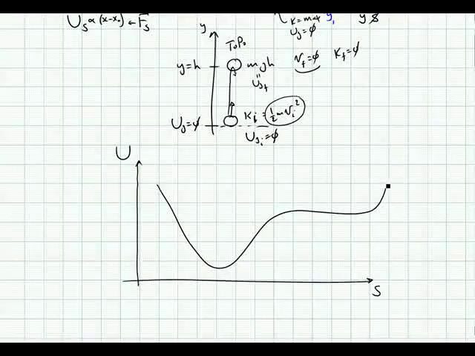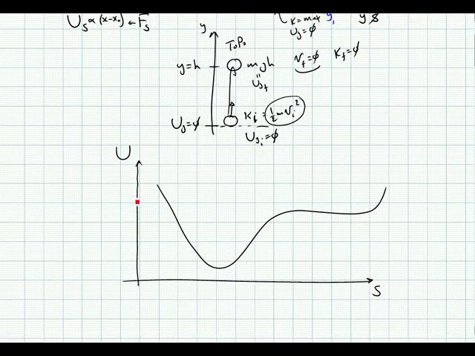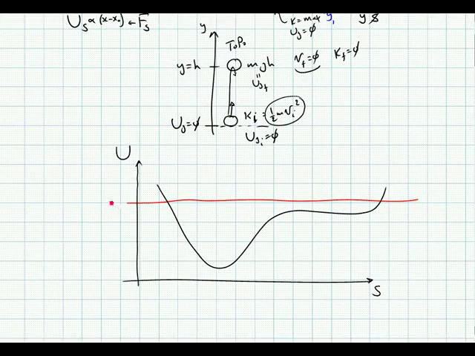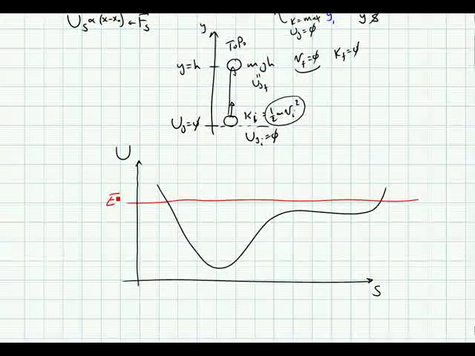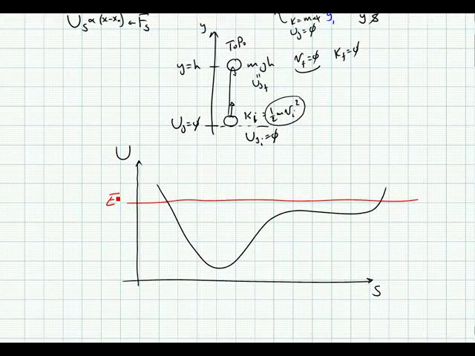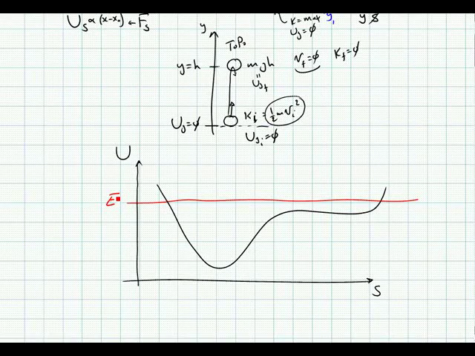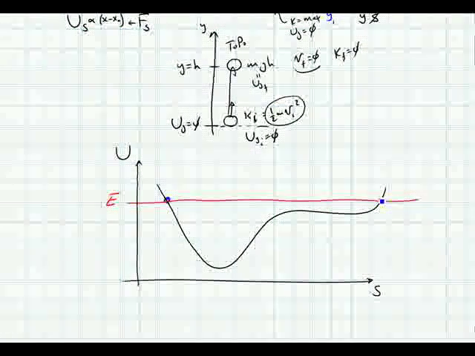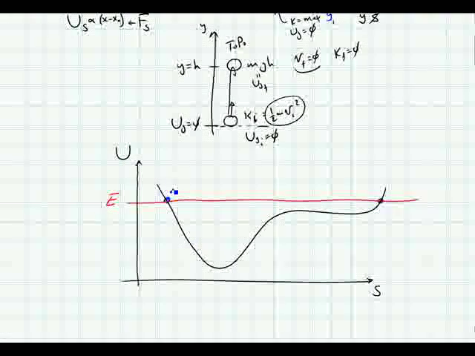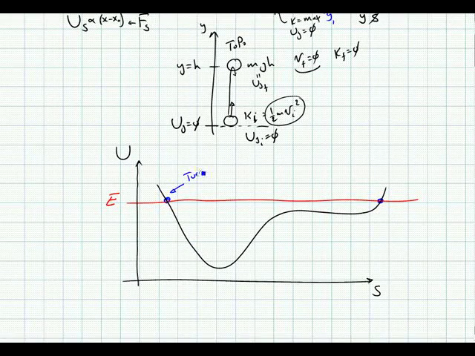Now let us define the total energy level to be here. So that's E. Now, as I said, the first thing that you need to notice is that where the total energy line and the potential energy lines cross, that's this point and this point, these are the turning points.